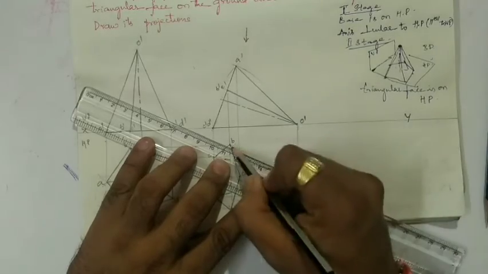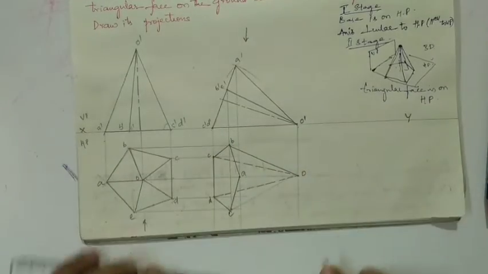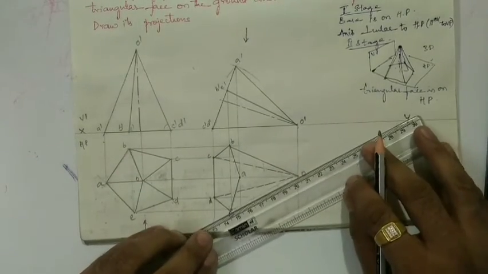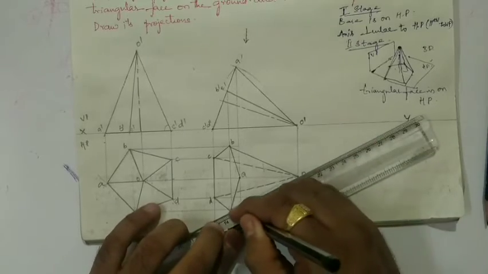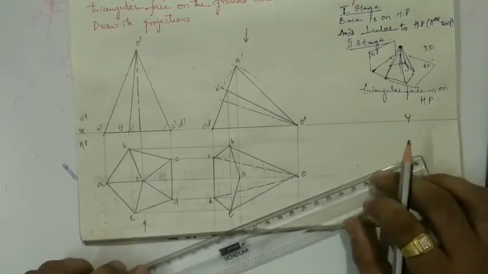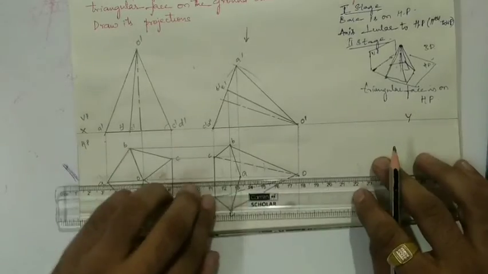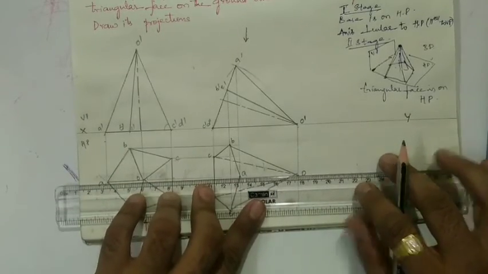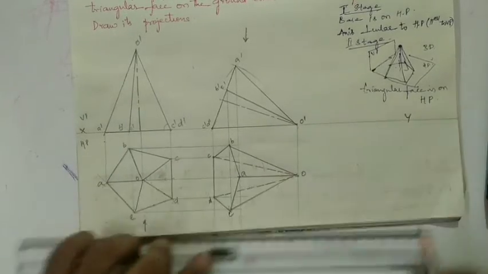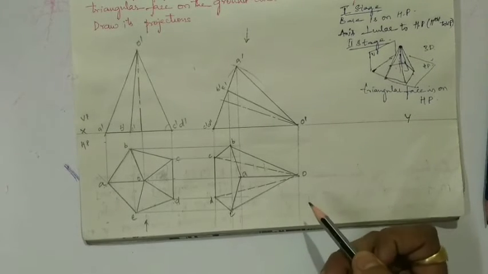And join B O and B to C. And OA. So this is my top view image.